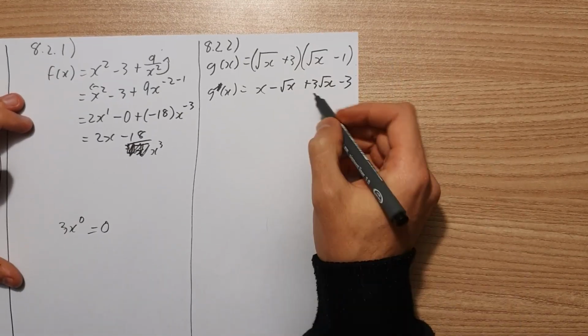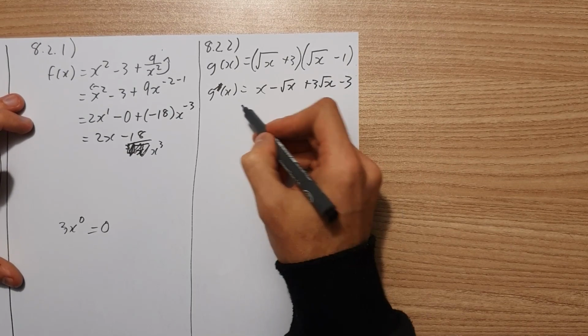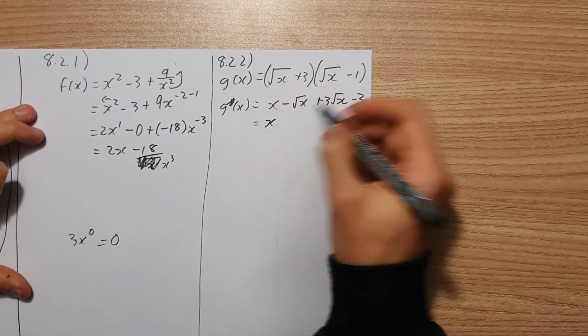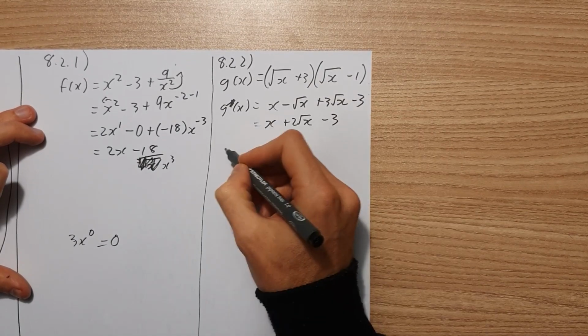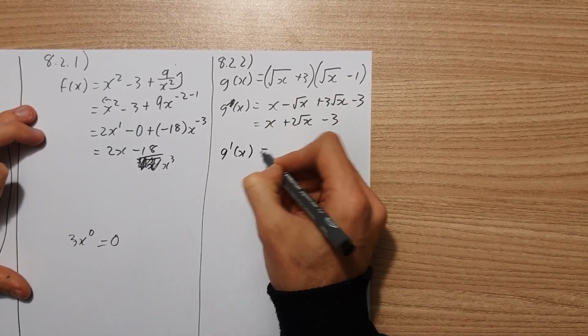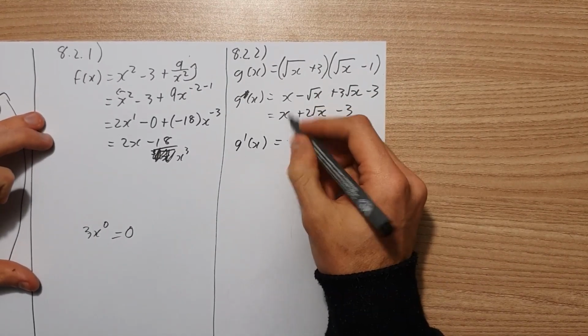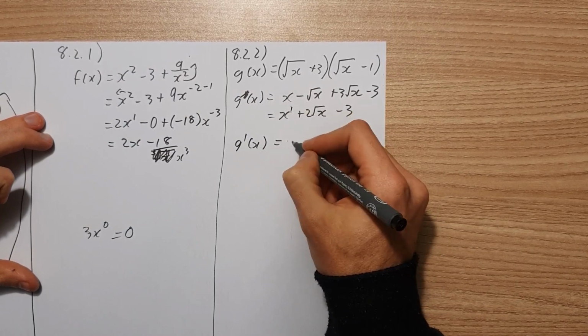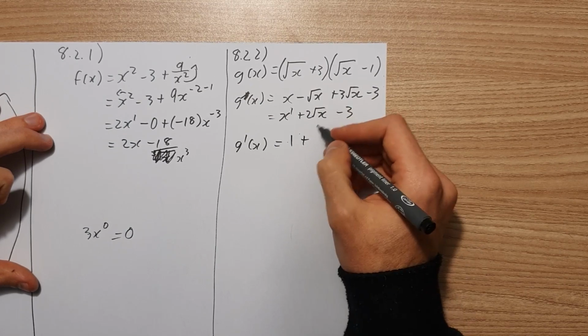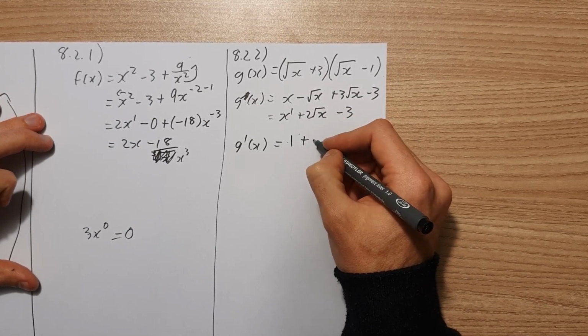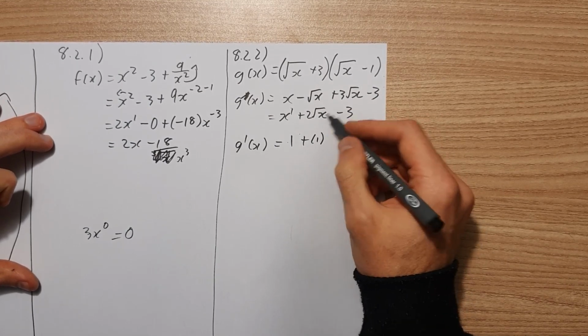Okay, now we can do g prime. Let's just quickly sort this out some more. So that's x plus 2 root x minus 3. So g prime of x is then going to be x to the power of 1, so that's going to become 1, plus 2 times a half, which gives you 1, and then we have to minus a half.